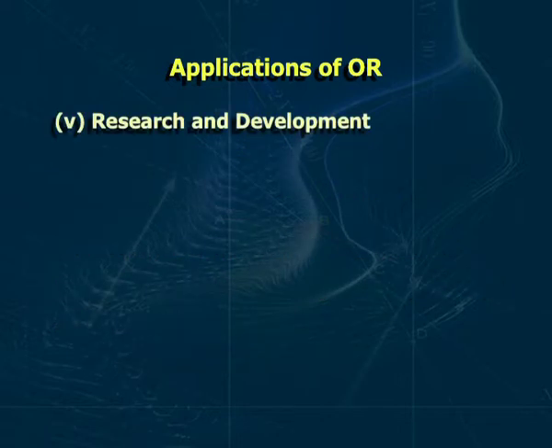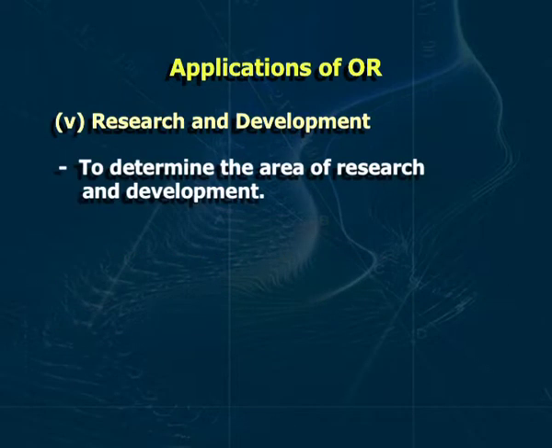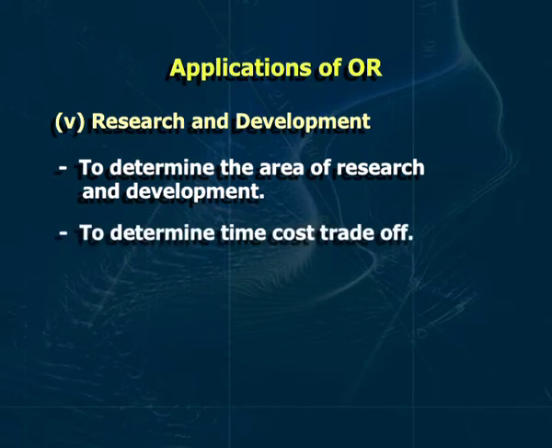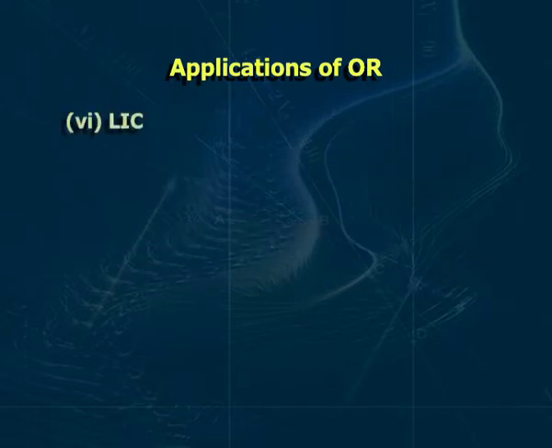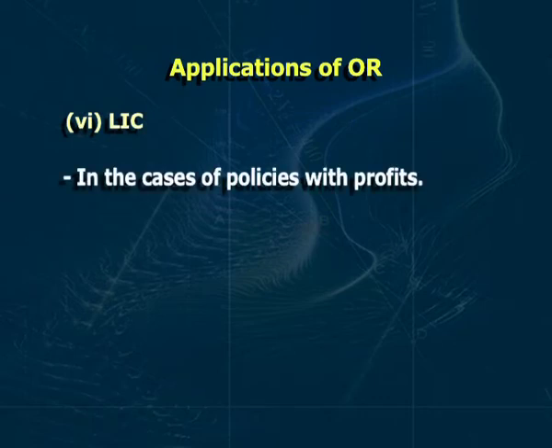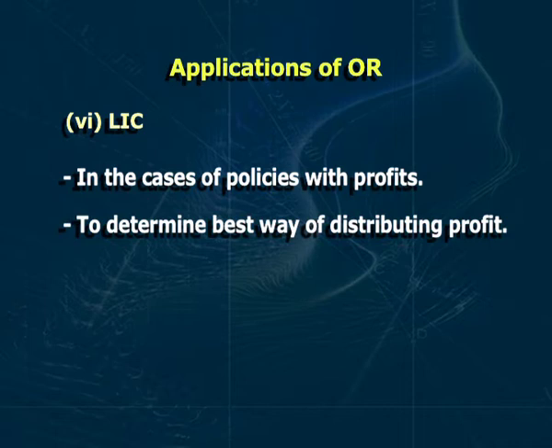Number 5. Research and development: to determine the area of research and development, to determine time-cost trade-off, to coordinate multiple research projects. Number 6. LIC: in the cases of policies with profits, to determine the best way of distributing profit.